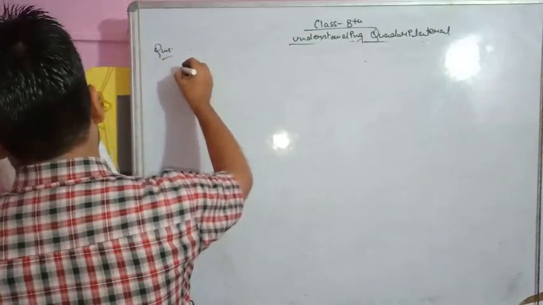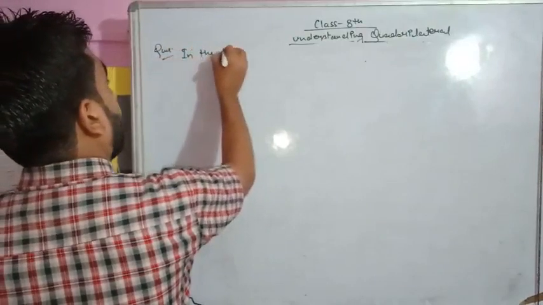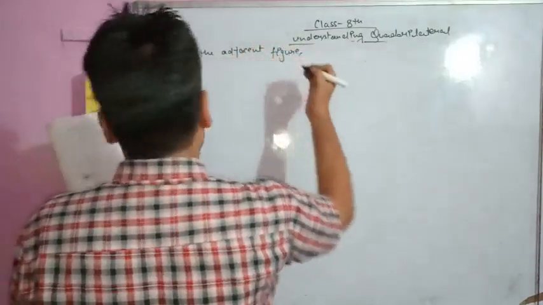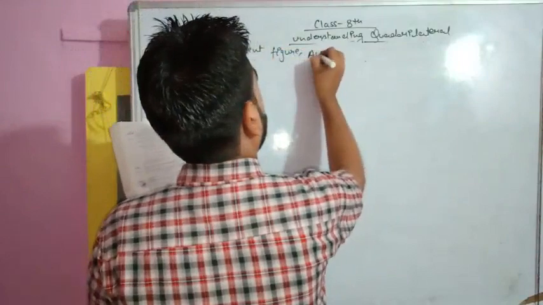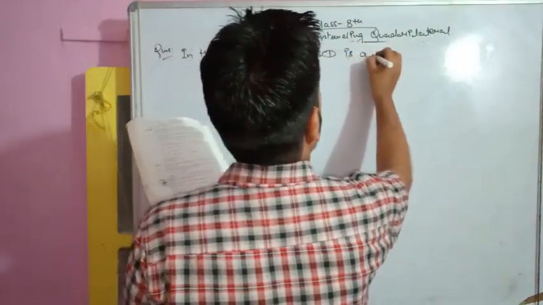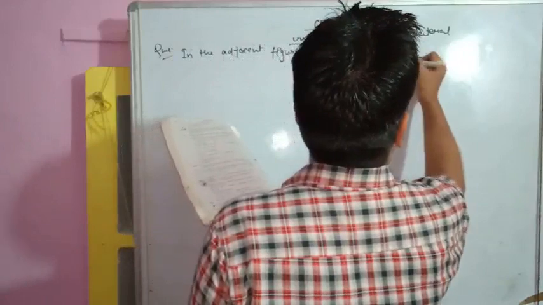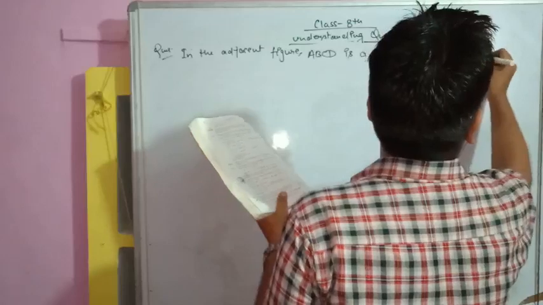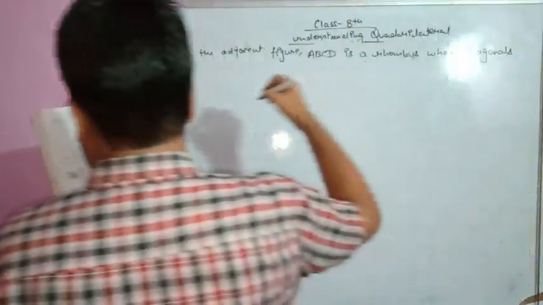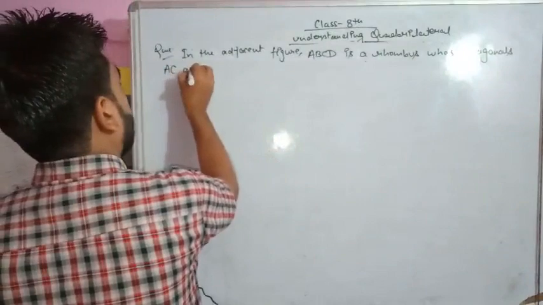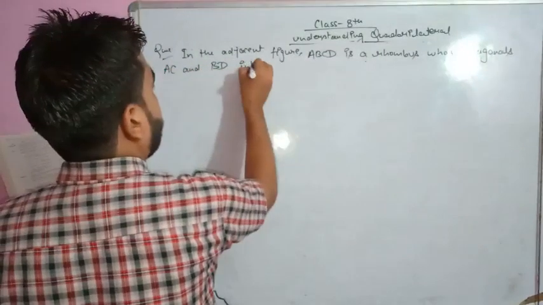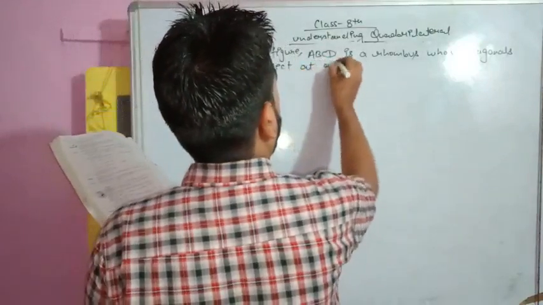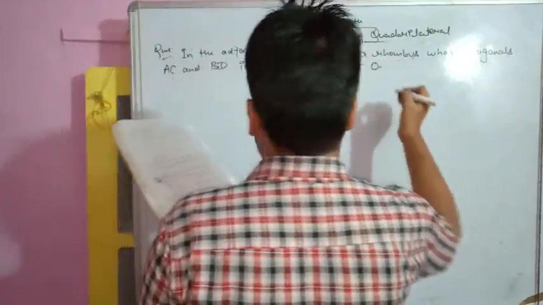In the adjoining figure, ABCD is a rhombus whose diagonals AC and BD intersect at a point capital O.